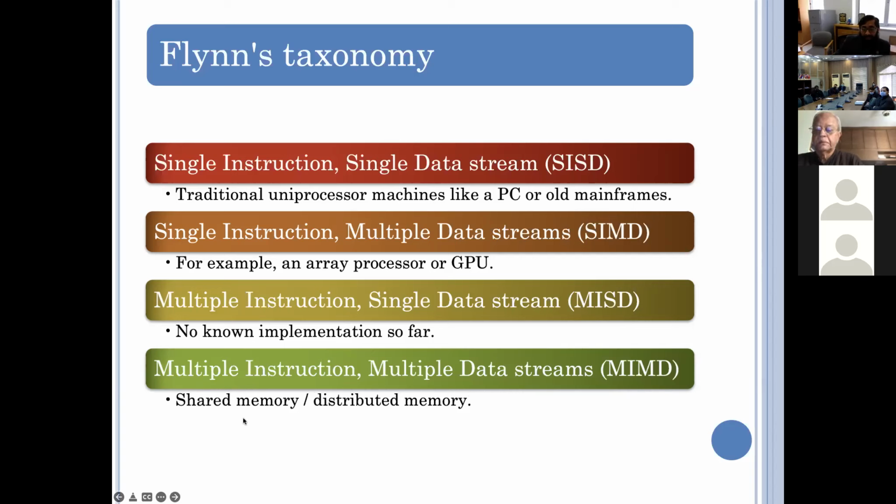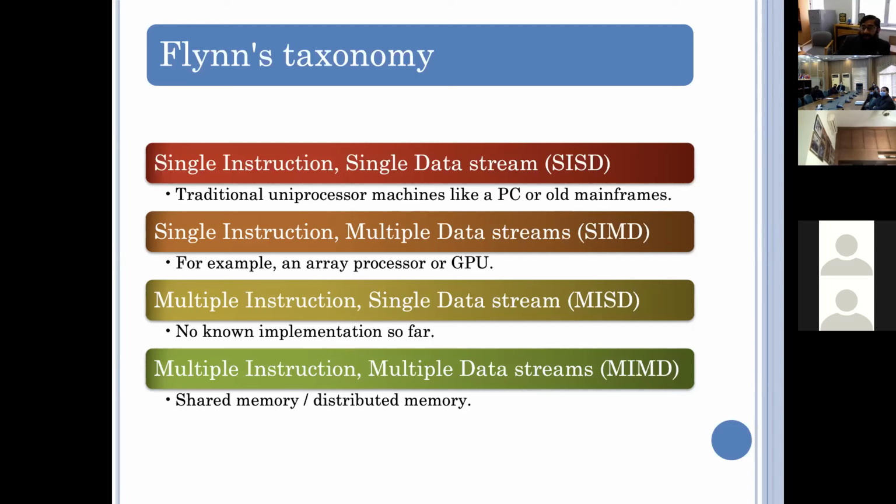Finally, we have another category, that is MIMD. In MIMD we have two types of high performance computing available: shared memory system and distributed memory system. In distributed memory systems, you have probably heard the names of cluster and grids, and those belong to distributed memory systems. And for shared memory systems, we have multi-core systems.